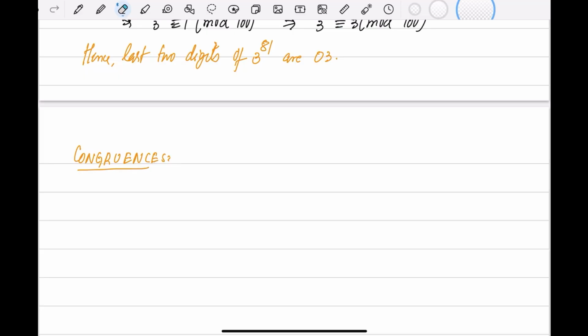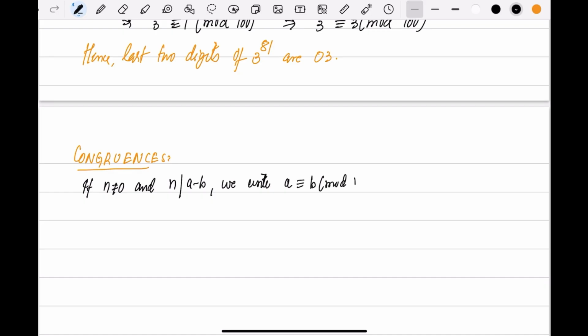Okay, so congruences are defined in this way, or we can define it in this way: if n is not equal to 0 and n divides a minus b, then we write a is congruent to b modulo n.